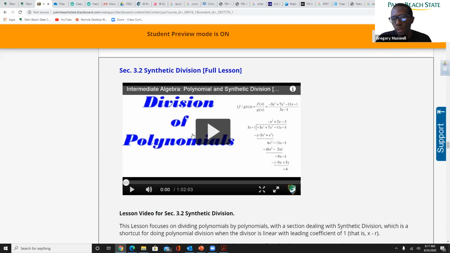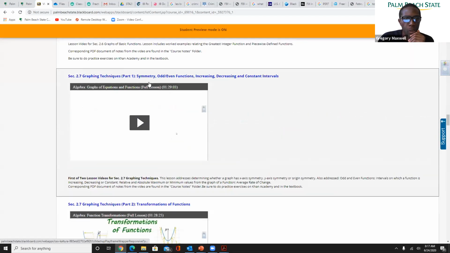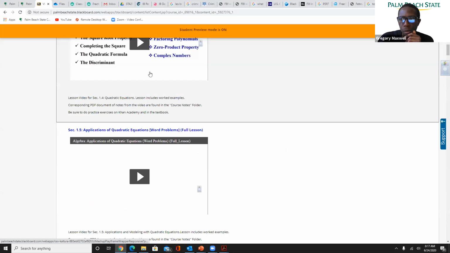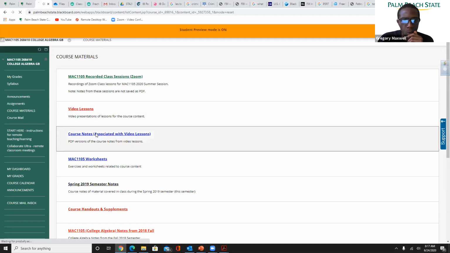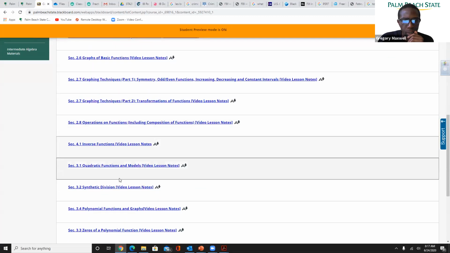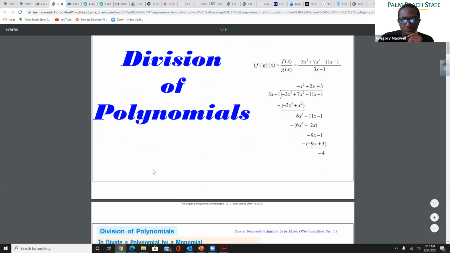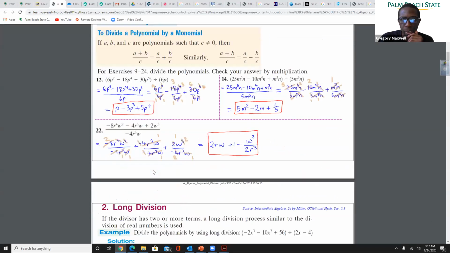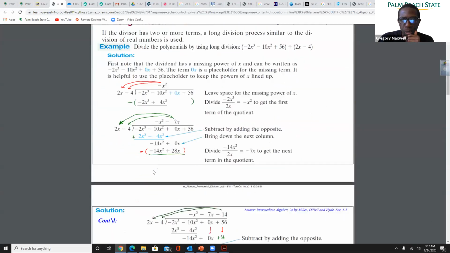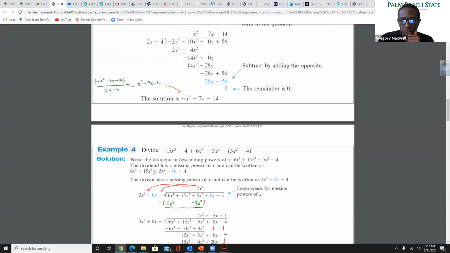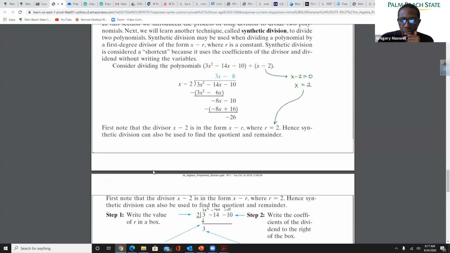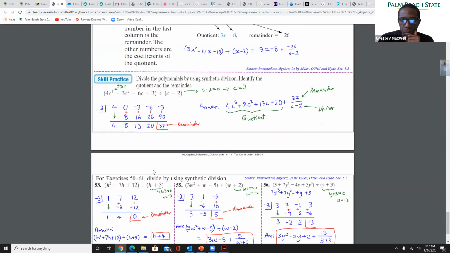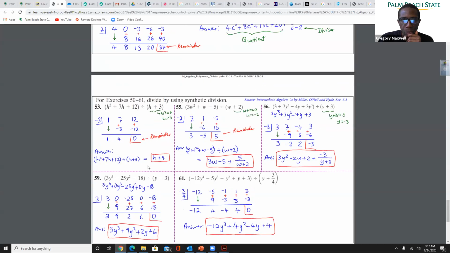And of course, the corresponding notes are in the other additional folder, which is course materials, course notes. It goes through the whole process of dividing polynomials, including long division with a number of examples, and then synthetic division with a number of additional examples.